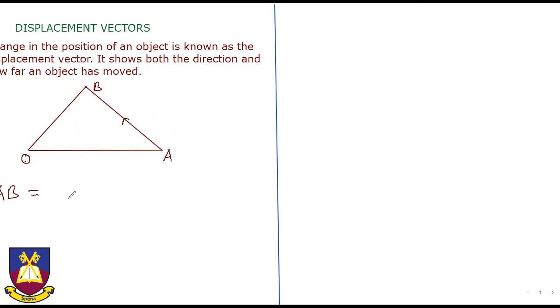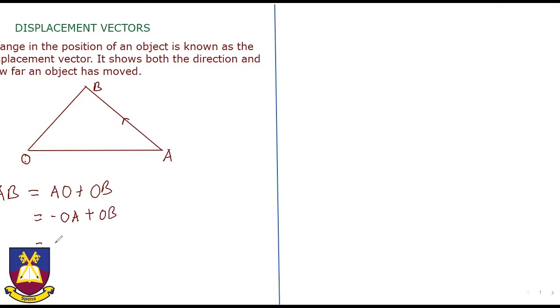I move from A to O, then I continue from O to B. And I want to change the order of the letters because in most cases they will have given you OA, not AO. Every time you change the order in vectors, put a negative, so AO is minus OA, plus OB.